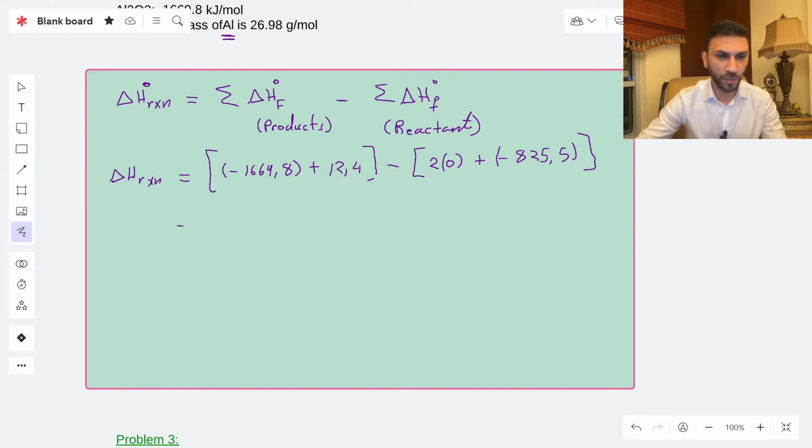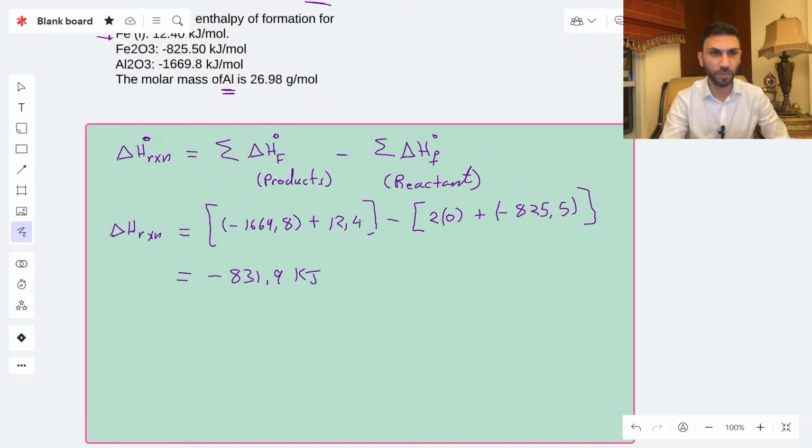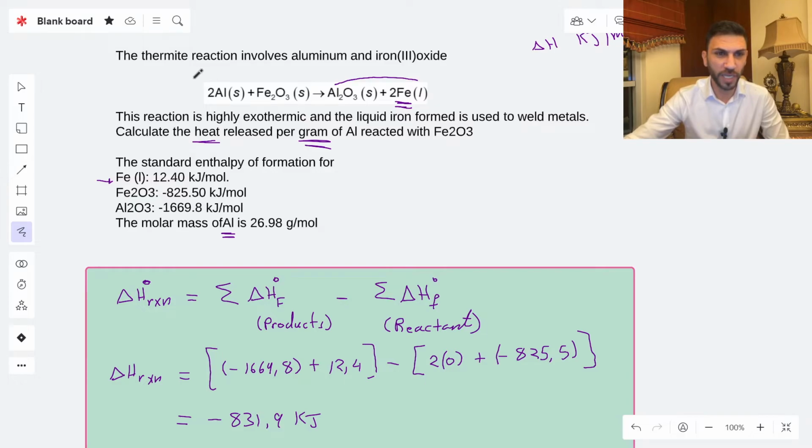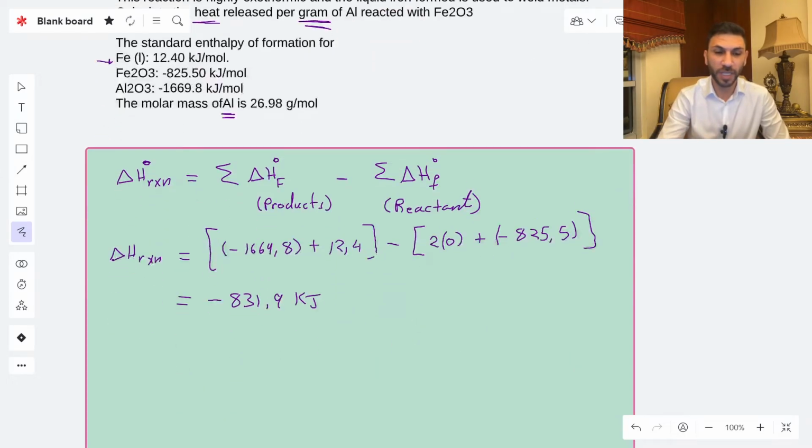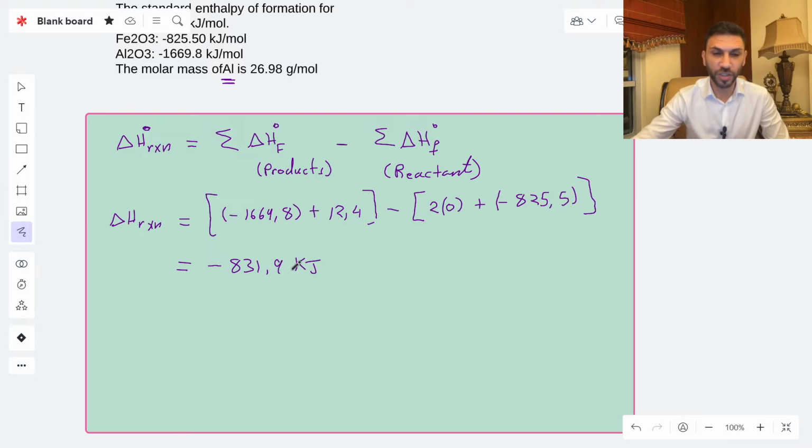We will do the math now, which equals negative 831.9 kilojoule. But kilojoule per how many moles of Al? We have 2Al here. So it's going to be negative 831.8 kilojoule per 2 moles of Al.